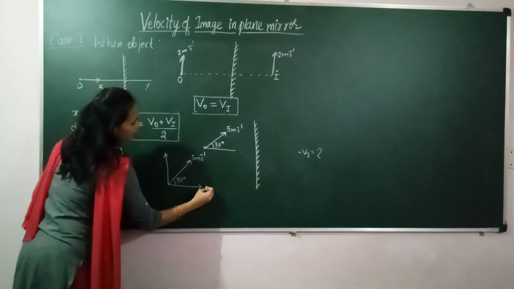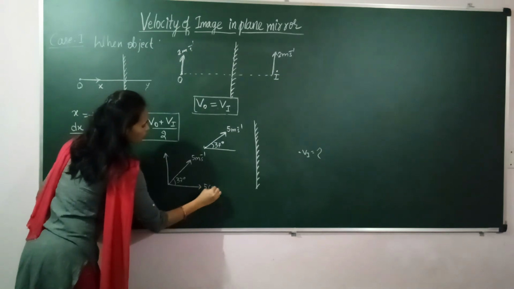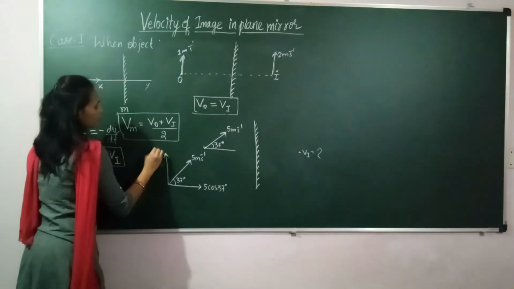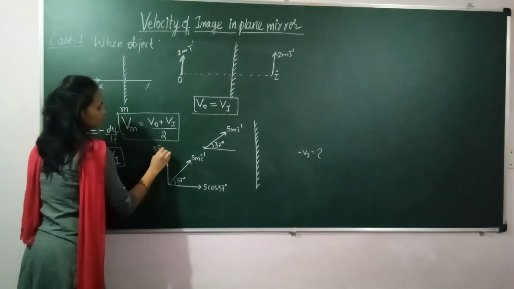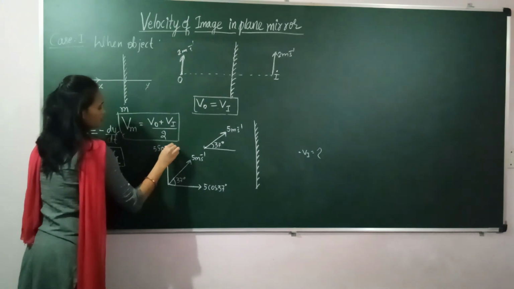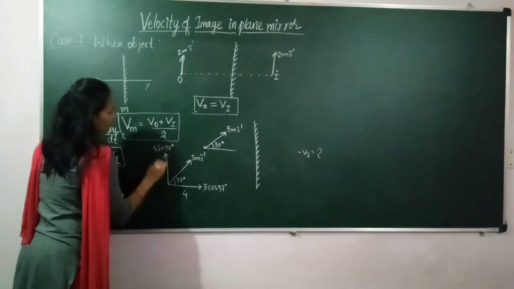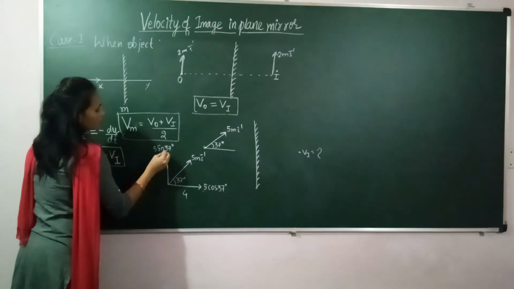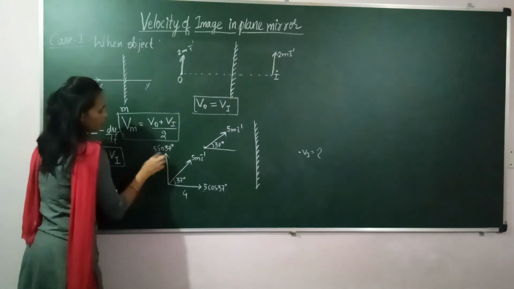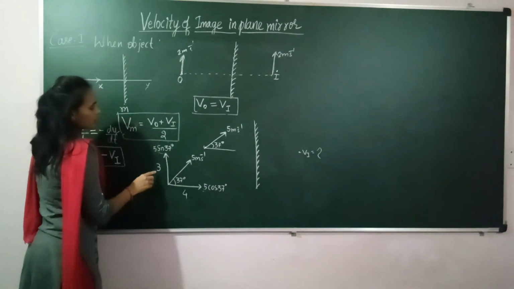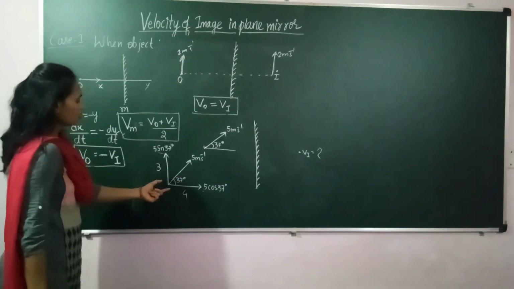So this one we can write as 5 cos 37, and here we will write 5 sin 37. If you calculate the cos 37 value multiplied by 5, you will get 4, and here sin 37 multiplied by 5 will be 3.